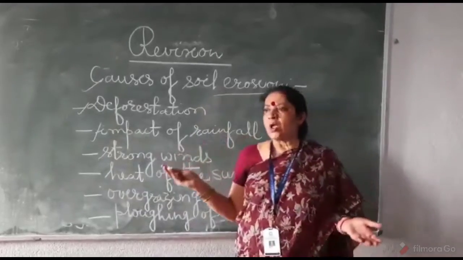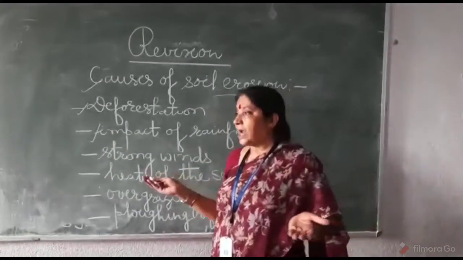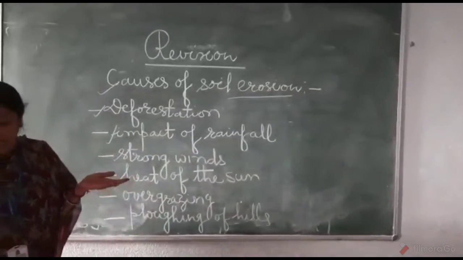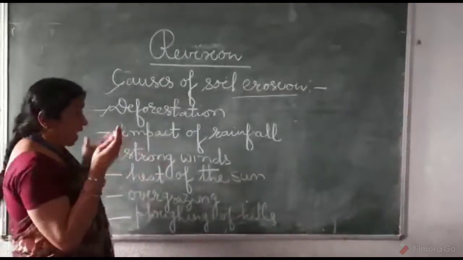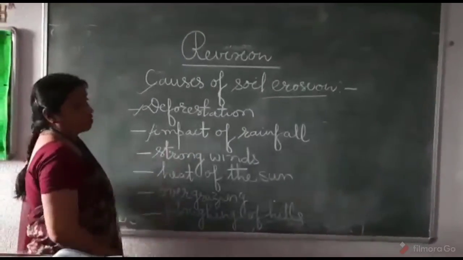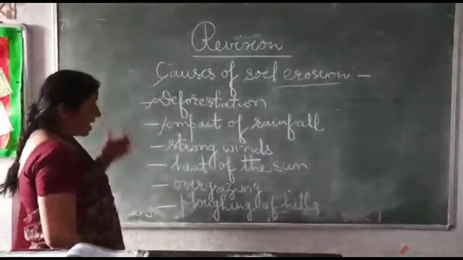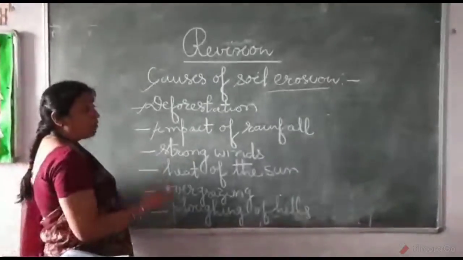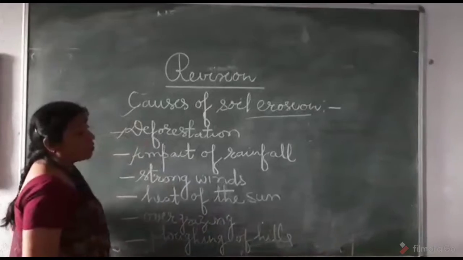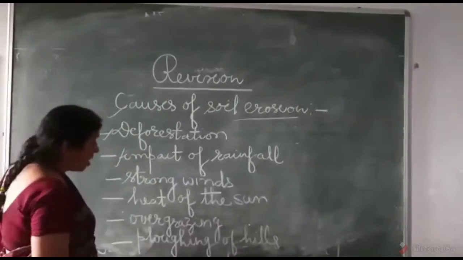Children, if the soil is naked and the crops are not there on the soil, the impact of the rainfall can remove the topsoil, and in that way the removal of nutrients and essential minerals for the growth of the plant is also possible.